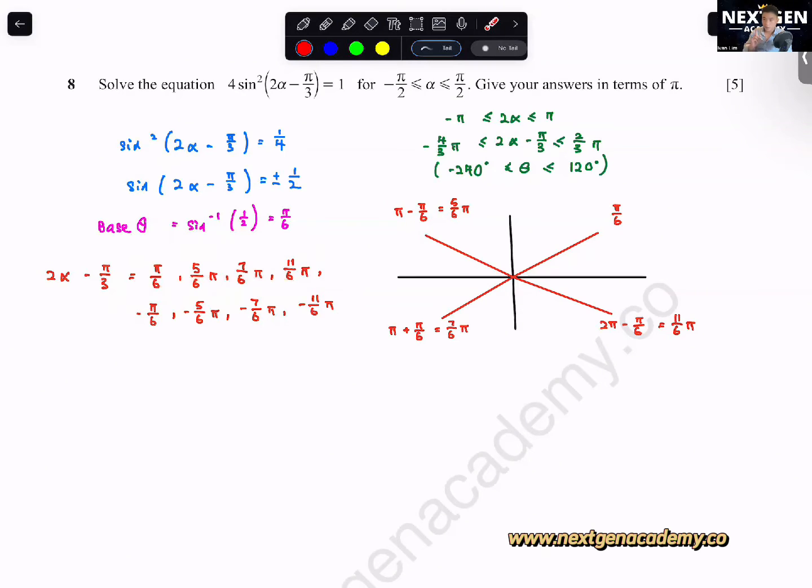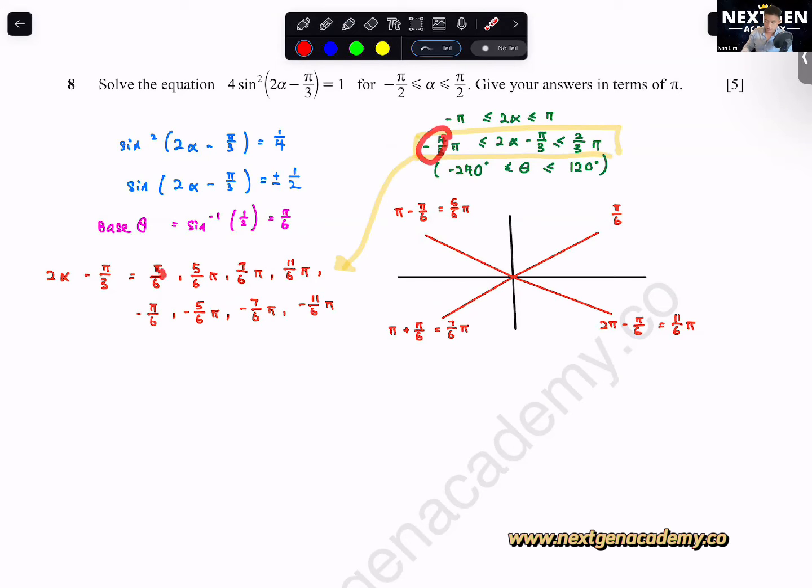Okay, now what we need to check from here, don't go and do the calculation first to find the alpha. I want you all to refer back to here. You have to see which of these values is not within the domain of angles here. I want you all to reject it. So negative 4 over 3. If you don't know how to calculate it, my advice is you change this to decimal.